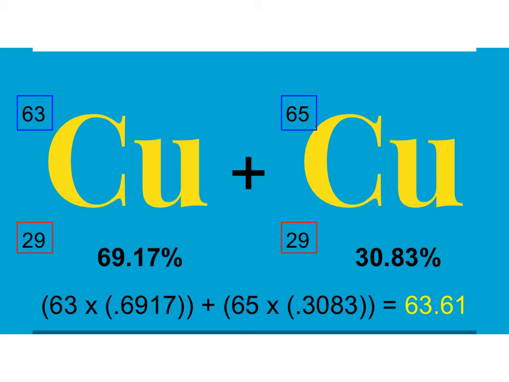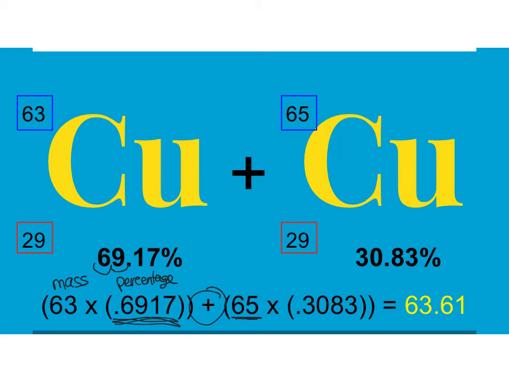So to do that, all we have to do is we're going to take the mass multiplied by the percentage of how often it's there. Notice that we put it in decimal form, so all we did was just move that decimal 2 to the left. And then we're going to add the other ones to it.